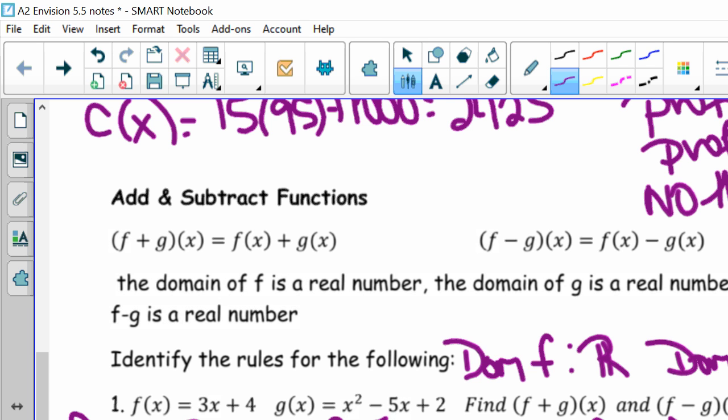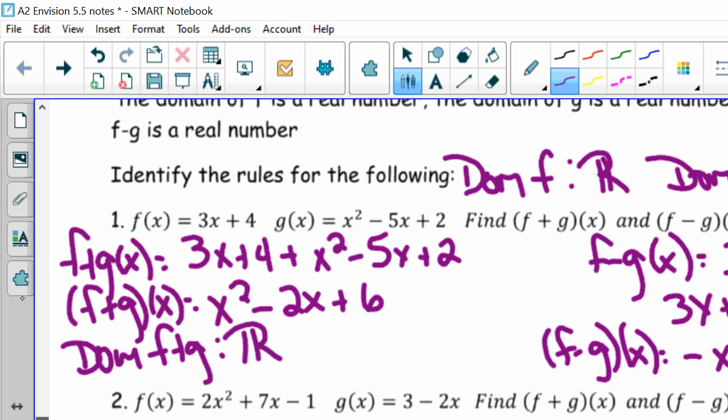So I get minus x squared plus 5x minus 2. Now I want to combine like terms and put it in standard form. So I've got negative x squared plus 8x plus 2. Then the domain of f minus g, again, it's a parabola. I could put any number I want in for x.